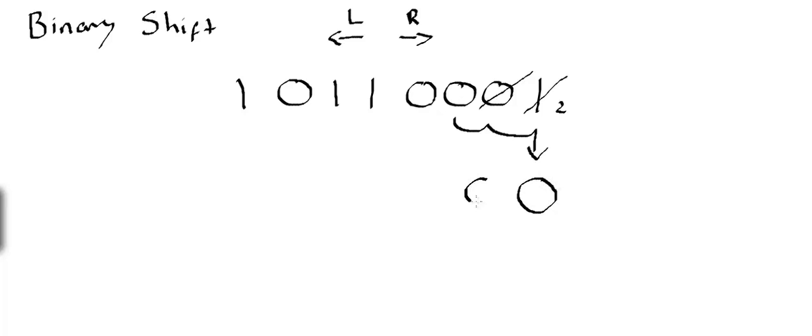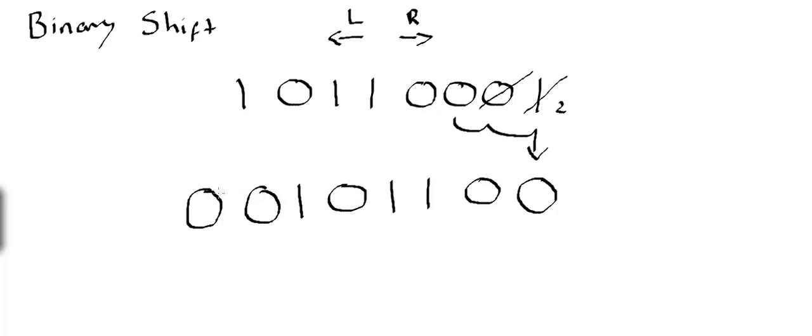So 0, 0, 1, 0, 1, 1, 0, 0, and then we fill up the last 2 places with zeros. 1, 2, 3, 4, 5, 6, 7, 8. Always make sure you check that you've got your byte complete when you're writing these out.